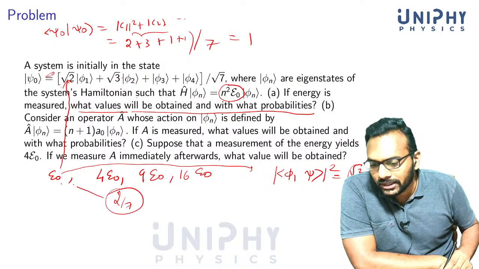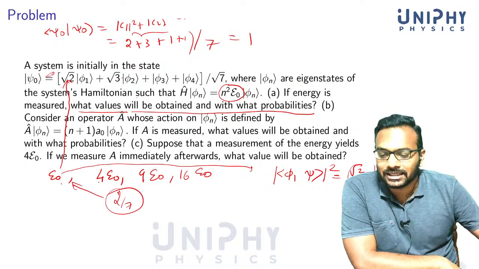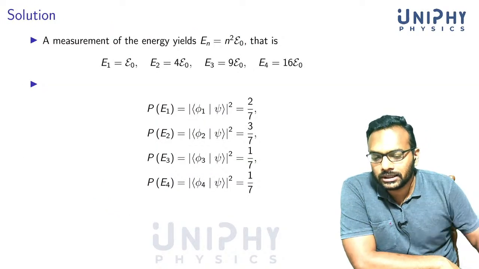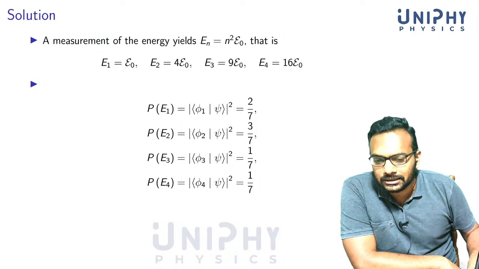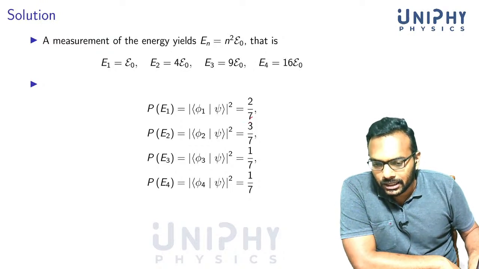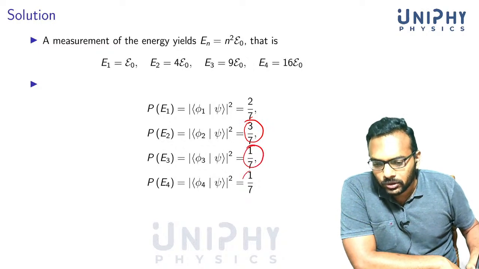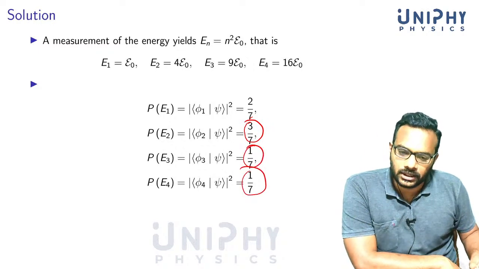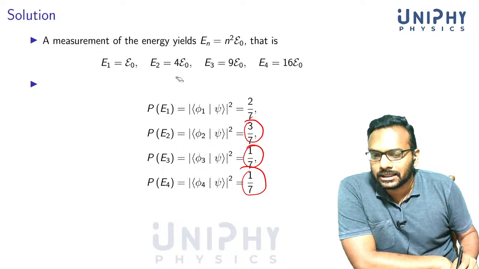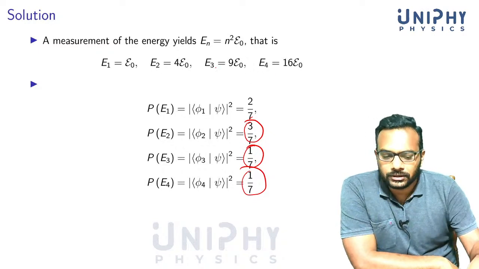So 2 by 7 is the probability that you will measure the energy value epsilon 0. In the same way, you can calculate the others: 3 by 7, and you just take modulus of C2 square, modulus of C3 square, modulus of C4 square, and you get the probabilities. These are the possible measured values of energy.